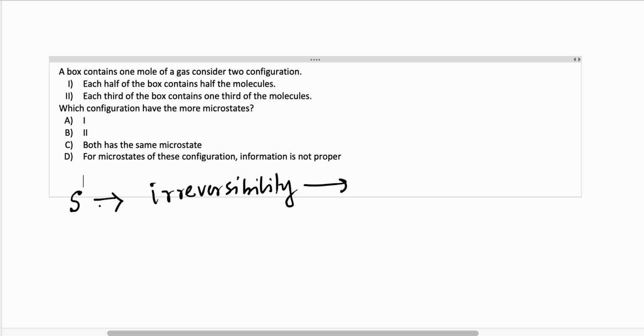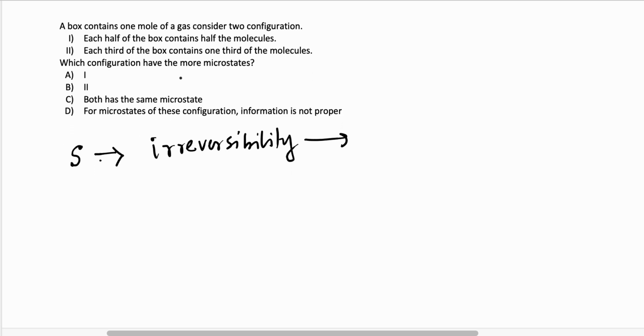If you put two gases together, they will mix because of diffusion. The mixing always increases the entropy of the system, and that makes it irreversible. Once they get mixed up, you can't separate them out.